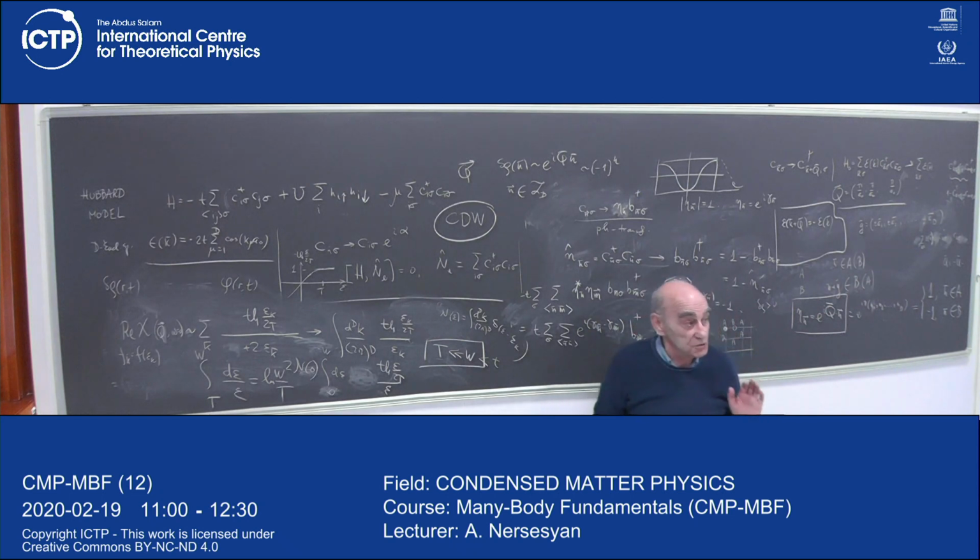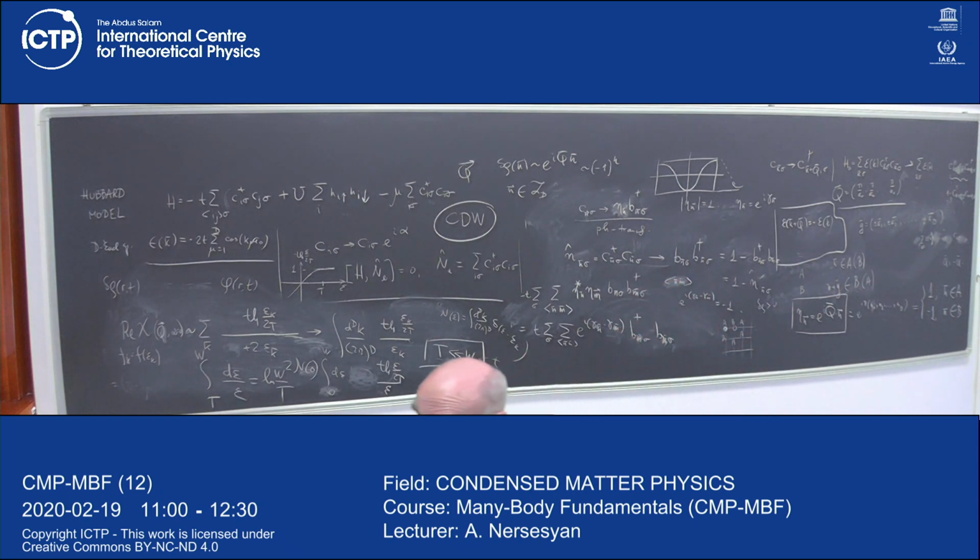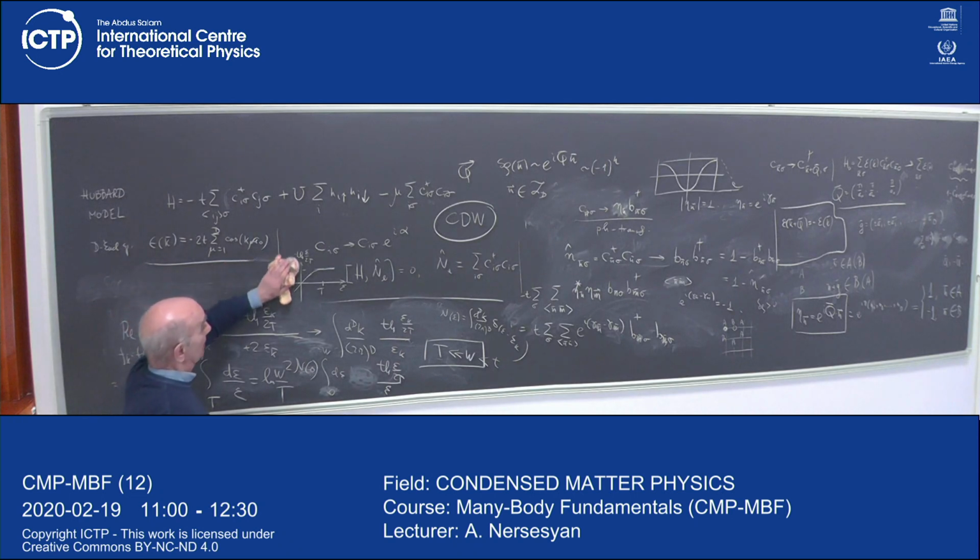It's a bipartite picture. So this is the manifestation of the importance of the nesting property. We have found an example where the linear response function gives you the logarithm, but essentially this is not the whole story.